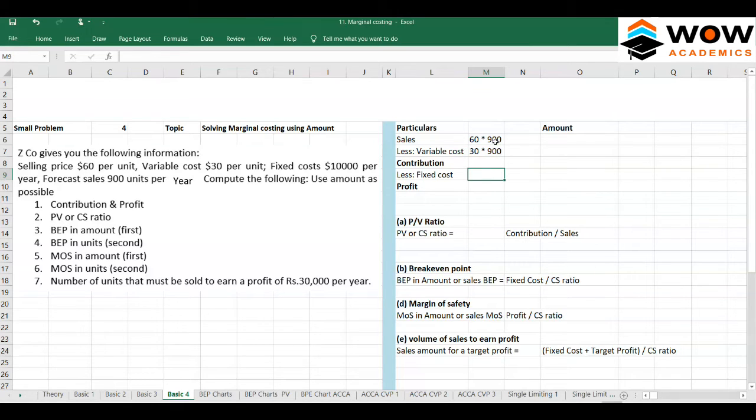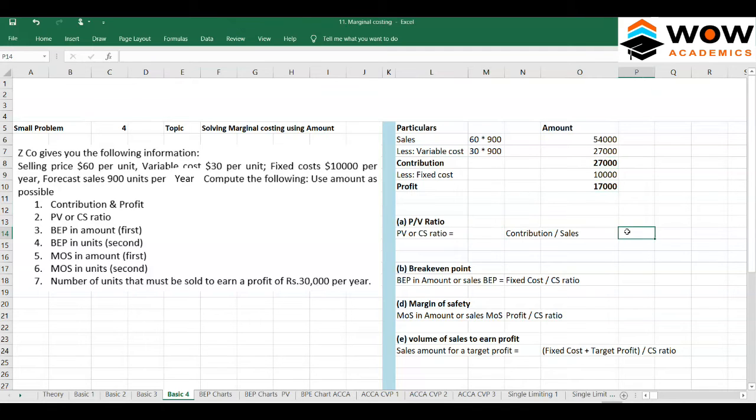Fixed cost is 10,000. So our contribution is 27,000 and our profit is 17,000. So we got the numbers.